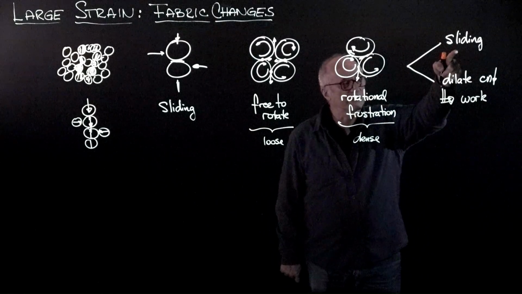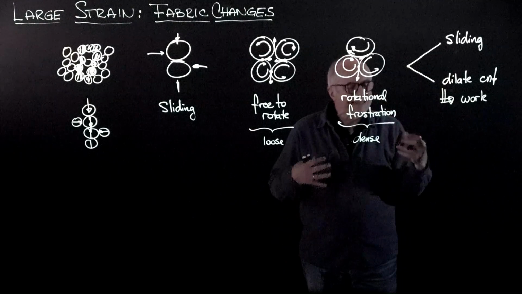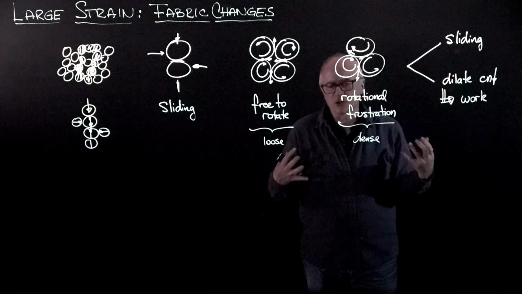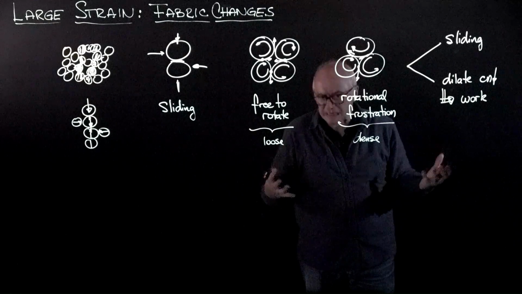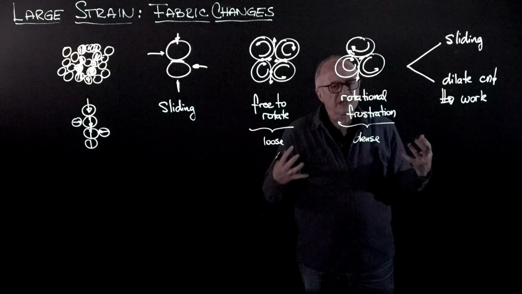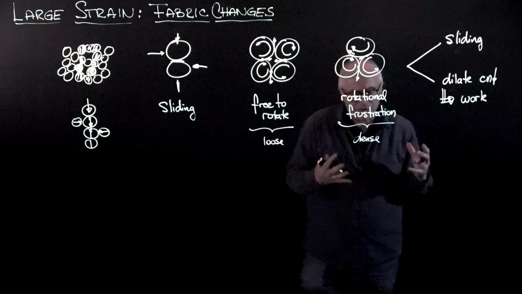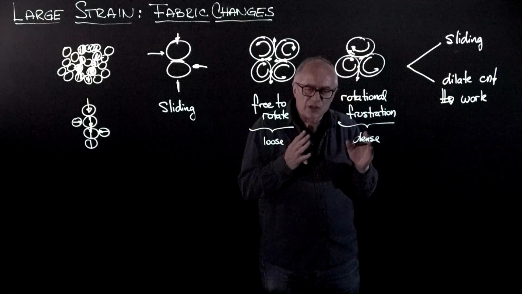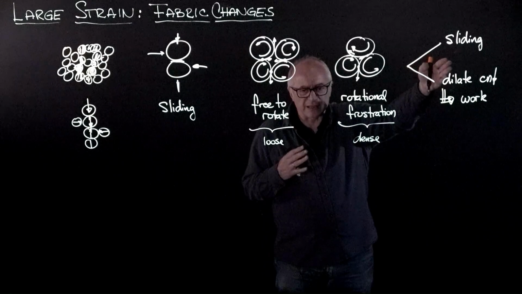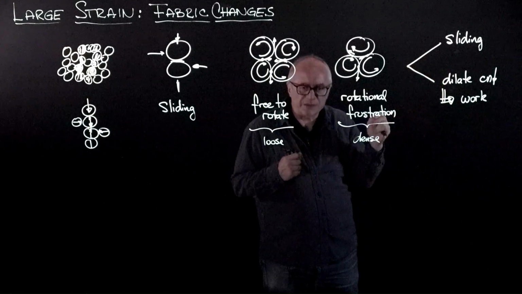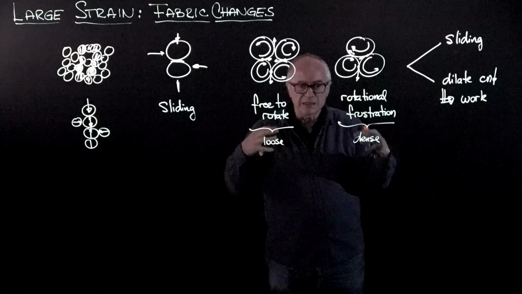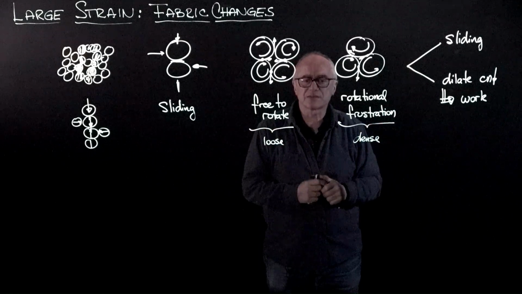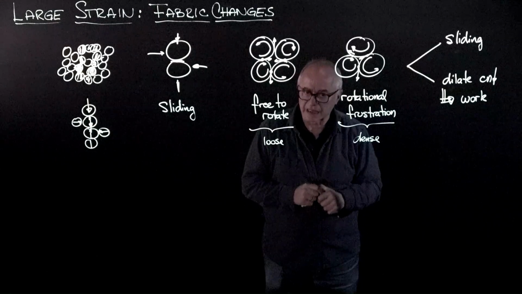That's friction. And so the soil has to make a choice, and nature will follow the path of least resistance, the weakest link. And so nature, or the soil mass as it deforms, will be making this choice. Should I slip at contact or dilate to prevent rotational frustration? And the interplay between these choices is what gives rise to the critical state line.